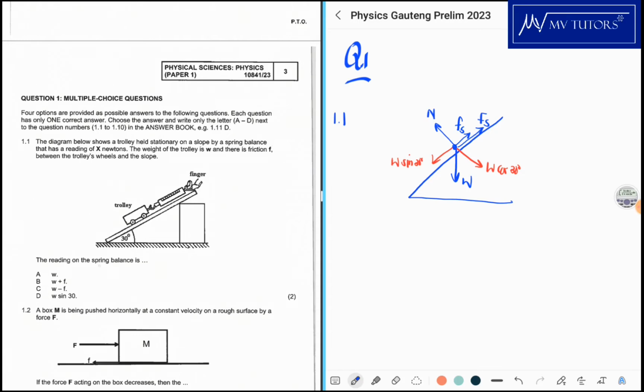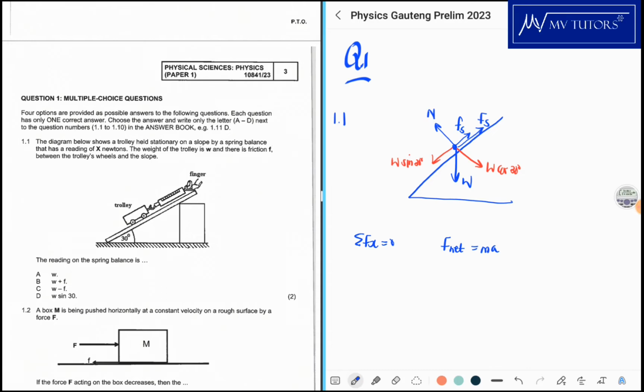And now it says the reading on the spring balance is, so if I were to sum my forces in the X direction, they're going to equal 0 because the net force is mass times acceleration, and because the trolley is stationary, there is no acceleration, so the net force is equal to 0.